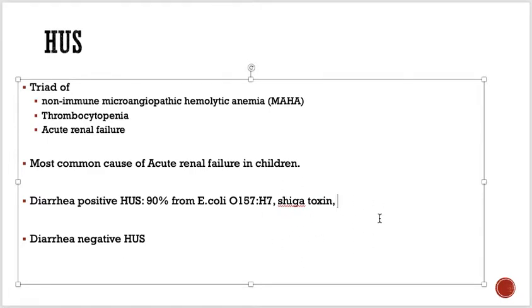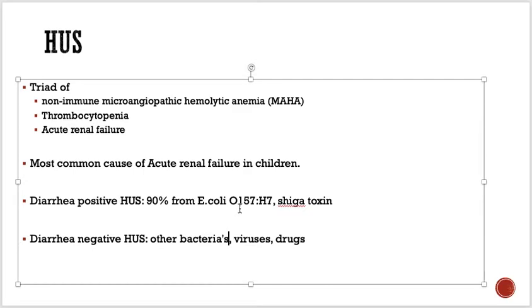So remember Shigella in this one. Most of the time, they get it when they come in contact with farm animals or when they consume uncooked beef. And the other one is diarrhea negative hemolytic uremic syndrome, which could be due to other bacteria, viruses, drugs, things like this.